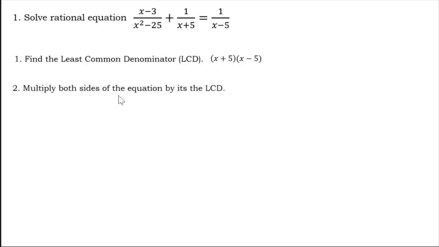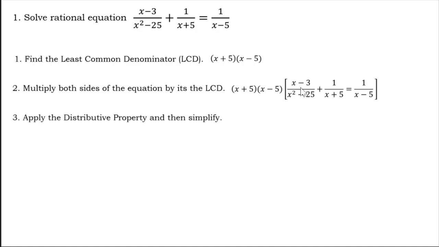Then, multiply both sides of the equation by its LCD. So quantity x plus 5 times quantity x minus 5, and we distribute to each of the terms. Apply the distributive property and then simplify.